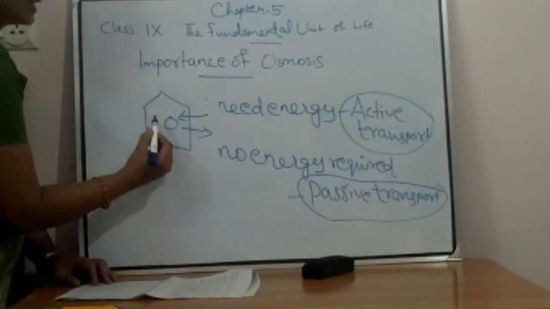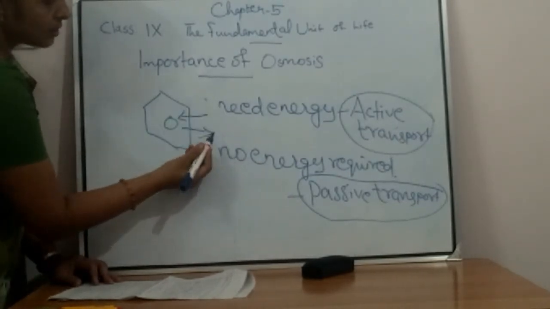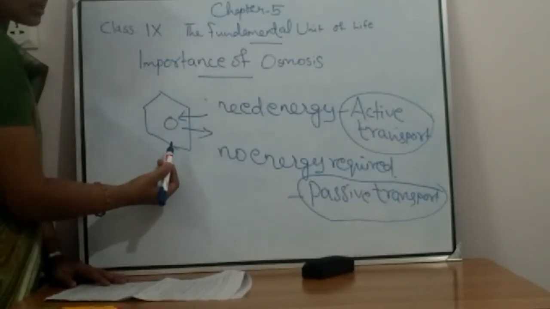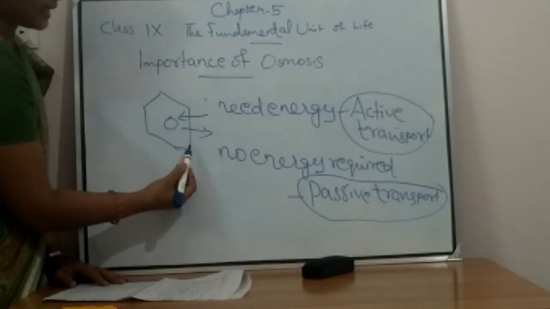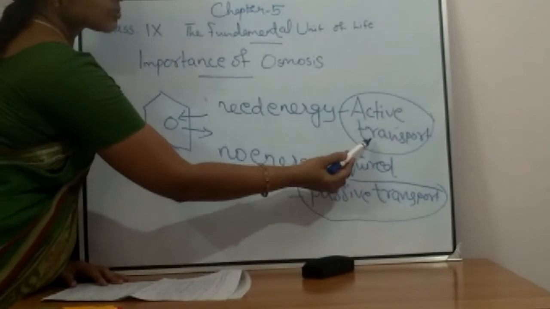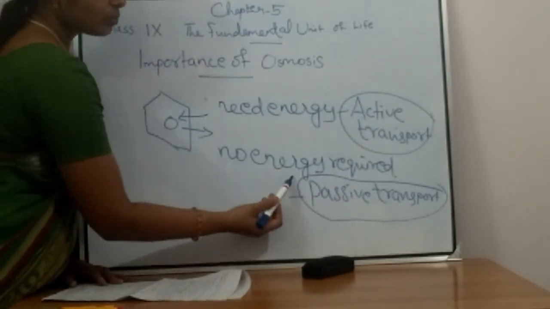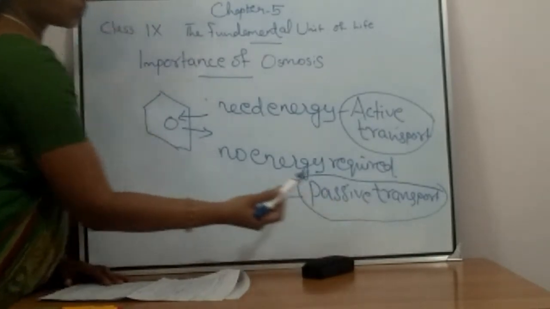So once again, for the movement of molecules from inside the cell to outside or from outside to inside the cell, some molecules require energy for that transportation. If energy is needed, then that transport is called active transport. If there is no need of energy for the movement of molecules, then that transport is called passive transport.